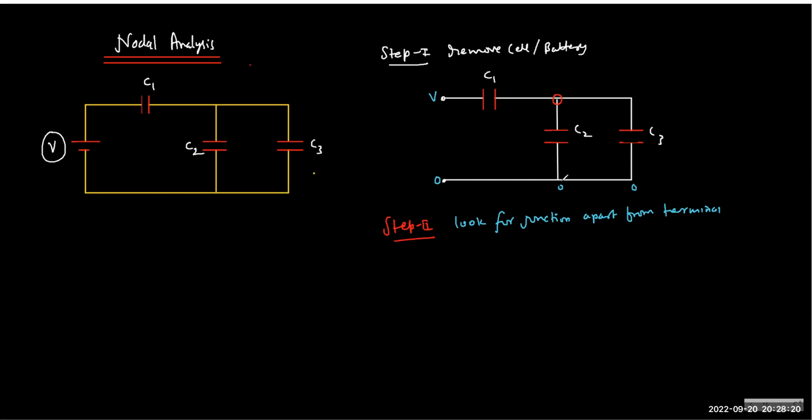I can see this one, I can see this one, but this is already known to us, the value. So I'll look for the unknown one. Which junction has unknown potential? How many of you are able to see the unknown junction? Everyone?